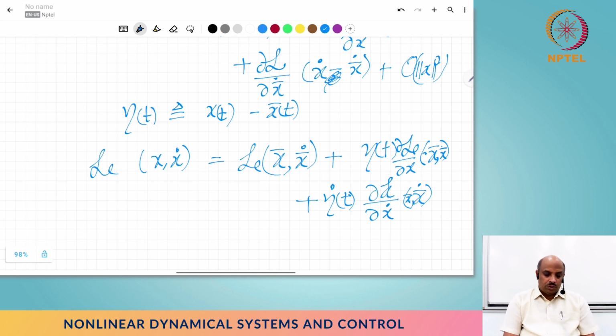So this eta is like the perturbation that we did from the optimal and things like that.